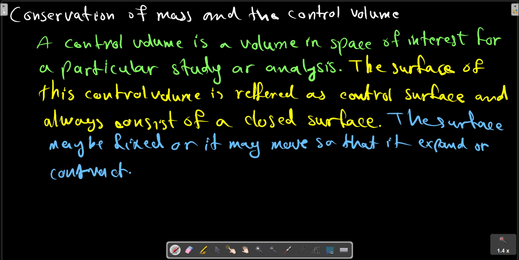However, the surface must be defined relative to some coordinate system.